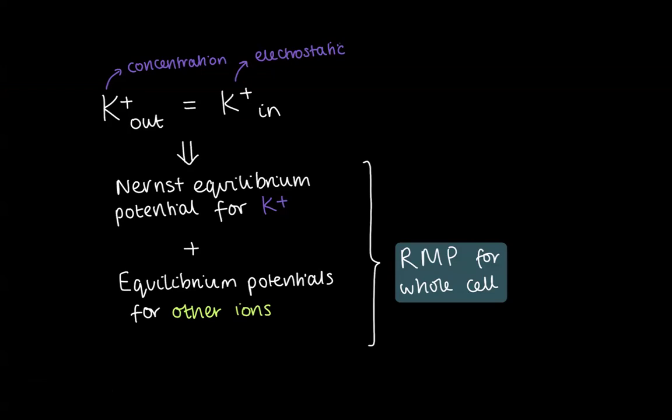If we have a hypokalemia, because of this Nernst equilibrium potential, it's going to increase your resting potential, i.e. it's going to make it more negative because of the effect that it'll have on the concentration gradient.